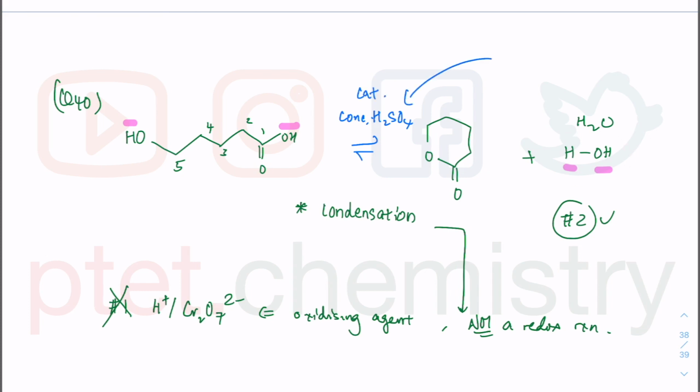So this is a dehydrating agent, and it will help to remove the water. And when you remove the water, the concentration of water goes down, the equilibrium will be pushed further to increase the yield of that product. But on the other hand, this is also a strong acid, so it will also be a catalyst. All right, so it's an acid catalyst in this reaction, but it also acts as a dehydrating agent, which of course you use concentrated sulfuric acid for as well in your alcohol topic.